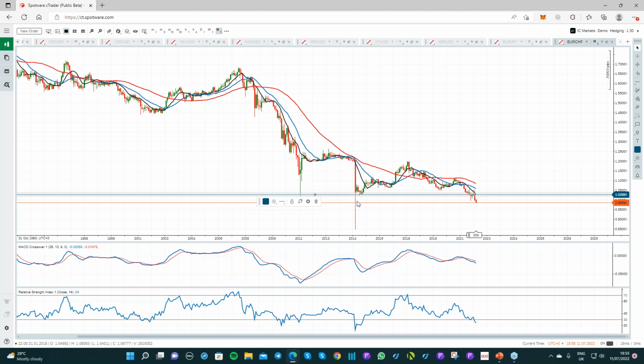You'll perhaps remember the intervention where the Swiss franc used to be pegged to the euro at 1.2, and there was a time when the Swiss National Bank decided to unpeg that, and so there was a massive move in the market that was very unprecedented, and that's what this massive spike is here.